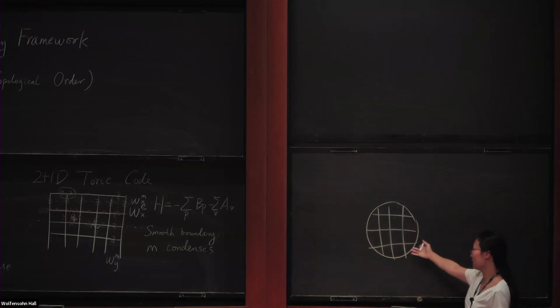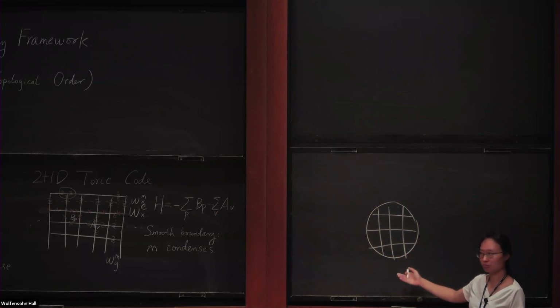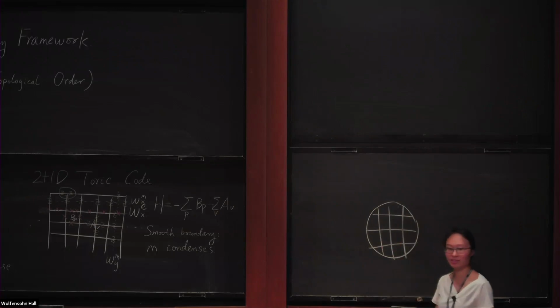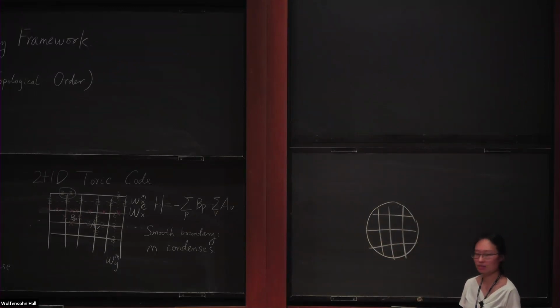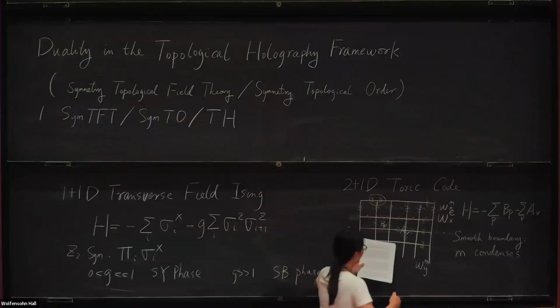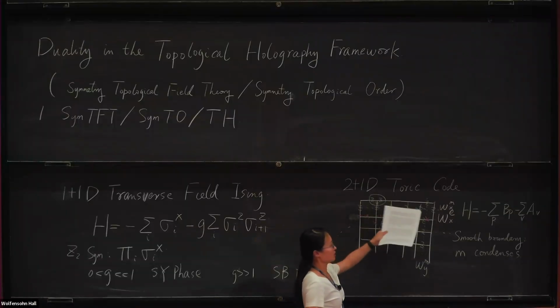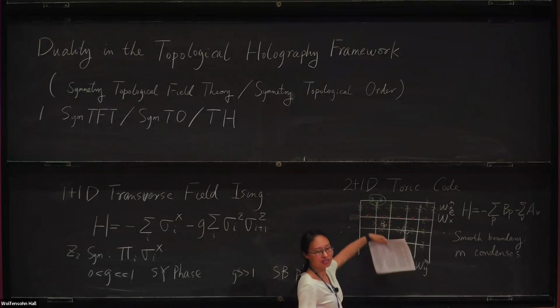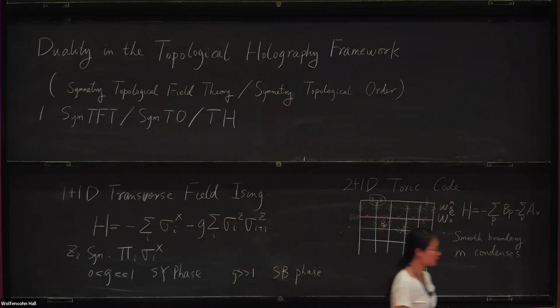You can exactly solve for this Hamiltonian and see that it's gapped. There's a unique ground state, and no gapless excitation along the boundary. So in that sense, even though we haven't specified what happens on the lower boundary, you can show that there will be no gapless excitation on the top boundary. If there's anything, it's going to be on the lower boundary. Okay. Good.